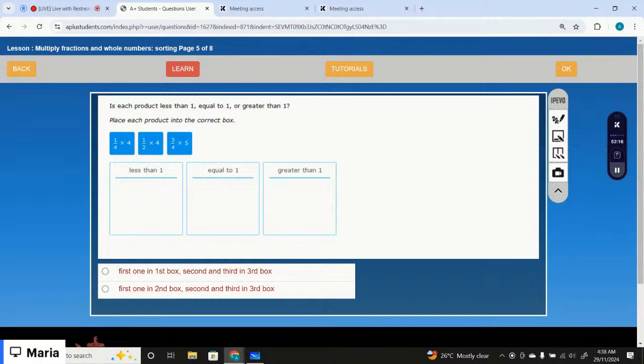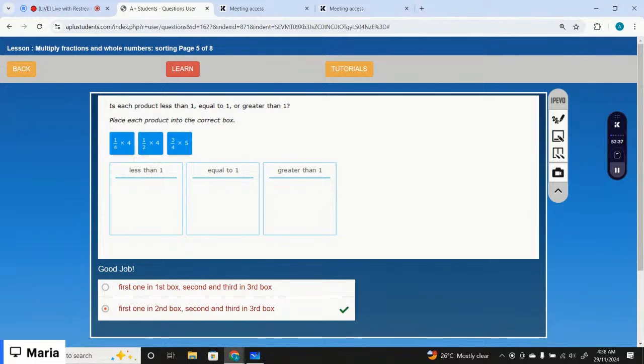The correct option is 4 times 1 by 4 is 1. That would be in the second box. The second one is in the third box. And the third one is also in the third box. So first one in second box, second and third in third box. Option number two is the correct option.